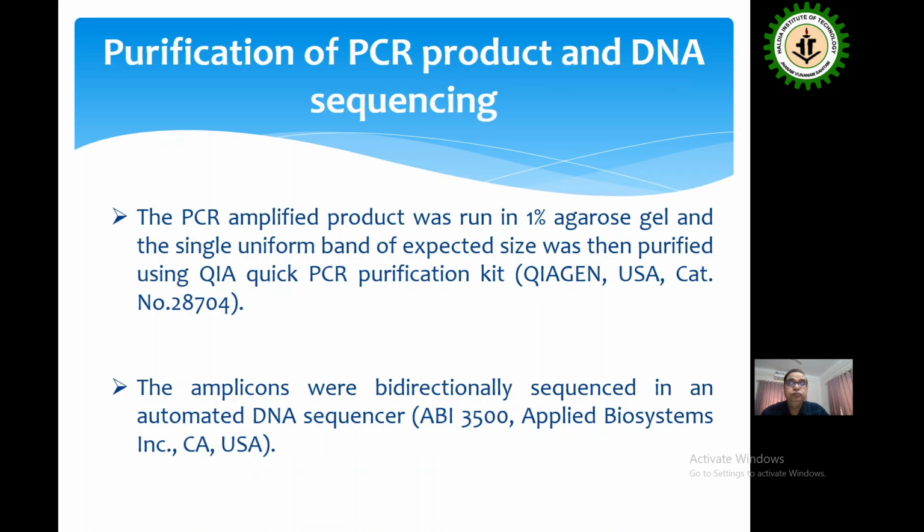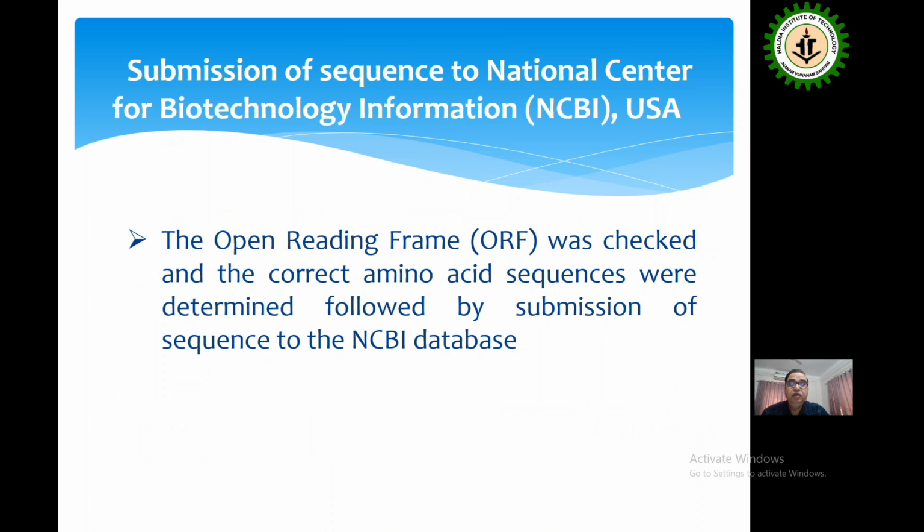Then we recovered the DNA bands using a PCR purification kit and sequenced them using an automated DNA sequencer. Then we checked the open reading frame to detect the correct amino acid sequences and submitted to the NCBI database.